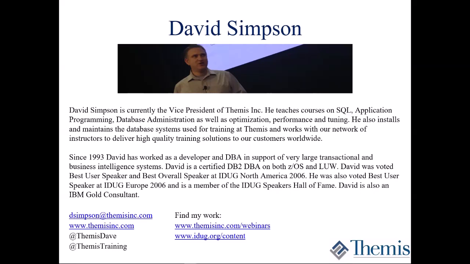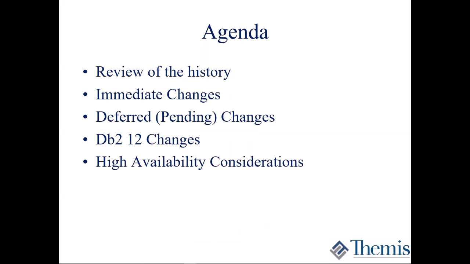So the agenda for today: we're going to look a little bit at the history of the alter. History lessons aren't terribly exciting, but we're going to look at what we've been able to change about Db2 tables over the years, how IBM's philosophy of working changes into our environment has changed in recent years, and then talk a little bit about what that looks like today.